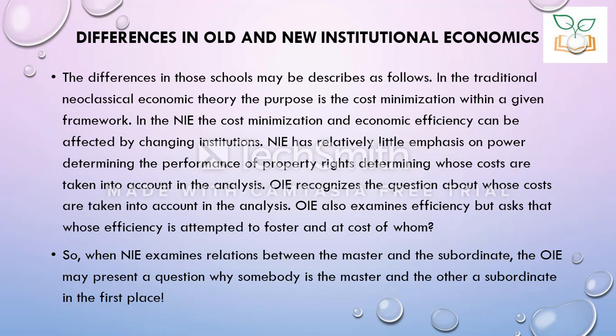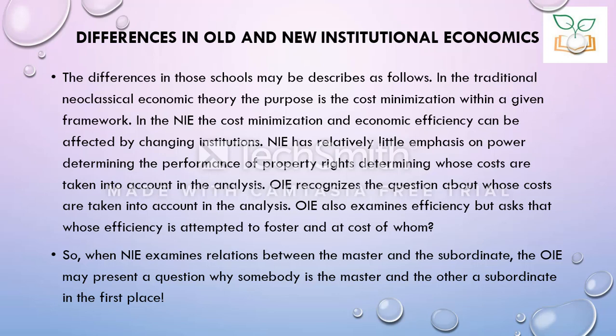The difference between those schools may be described as follows. In the traditional neoclassical economic theory, the purpose is cost minimization within a given framework. In the new institutional economics, cost minimization and economic efficiency can be affected by changing institutions.